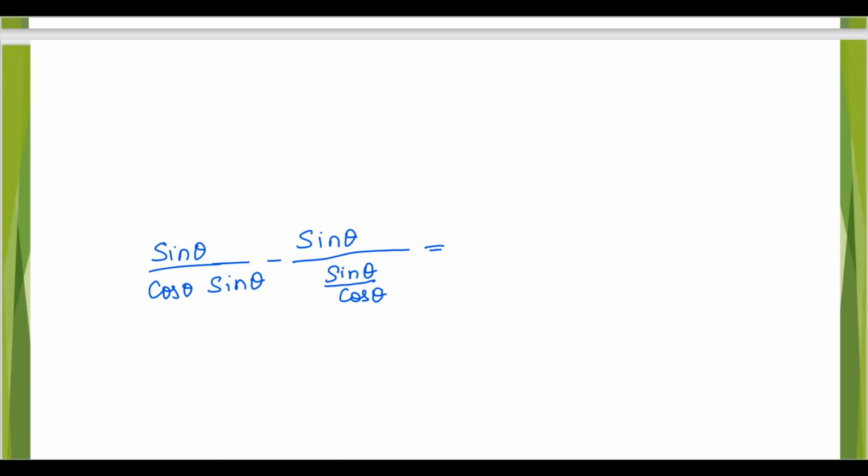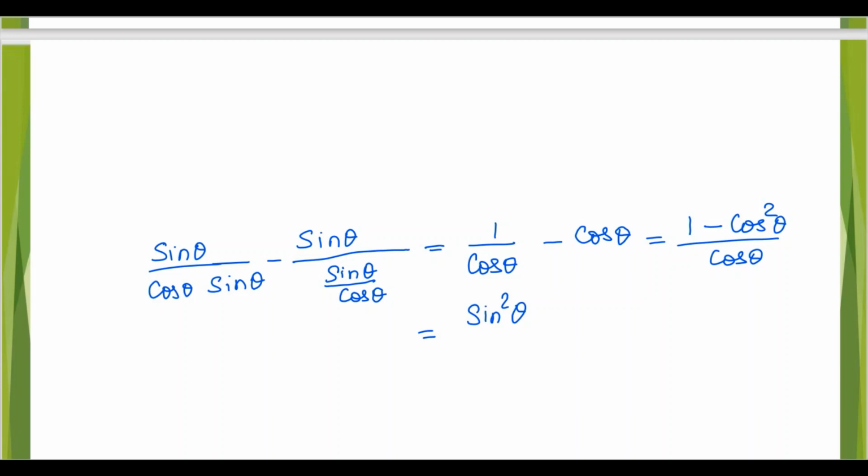So this is equal to 1 over cos theta, as sin theta gets cancelled. Here also sin theta gets cancelled, so you'll get minus cos theta. This can be written as 1 minus cos squared theta divided by cos theta. We know 1 minus cos squared theta is sin squared theta, over cos theta.